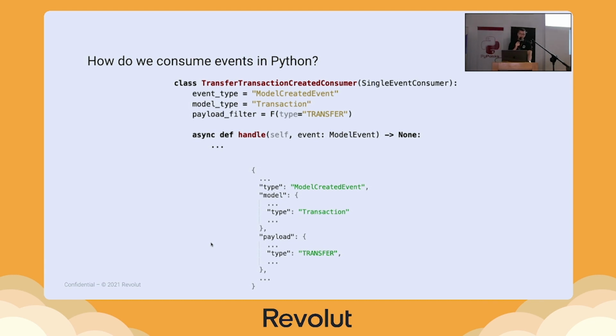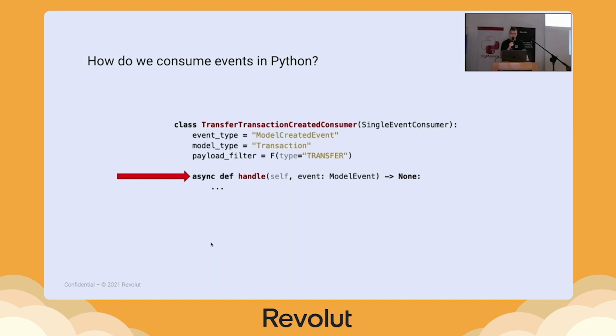Here we see that we are looking for transaction, which was created, and its type is transfer. Next, in handle method, developer can implement required logic. It can be whatever.